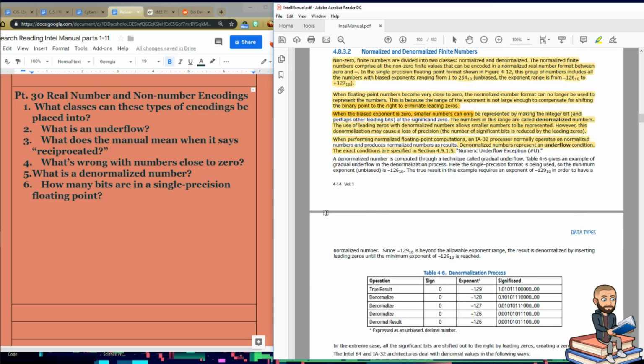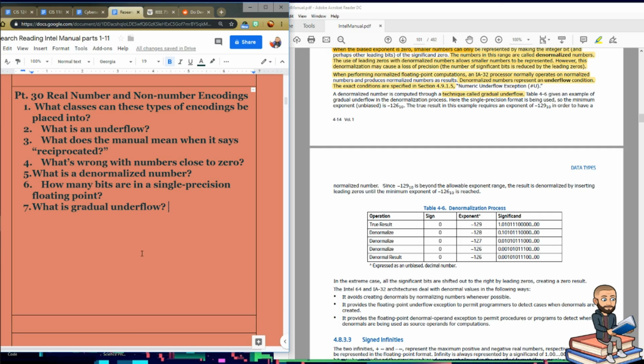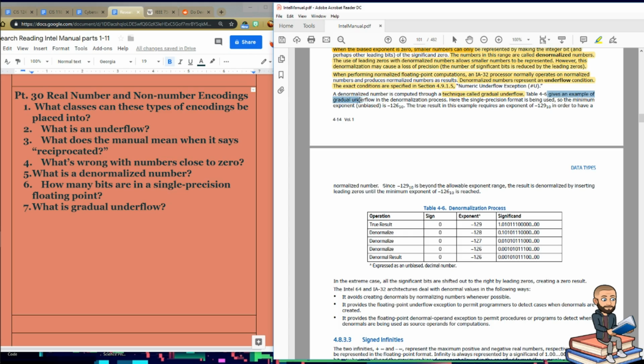But moving on, it says a denormalized number is computed through a technique called gradual underflow. It's a good question, and at this moment, the only thing I know about gradual underflow is that it's a technique used where two numbers after being computed result in a denormalized number. Table 4-6 gives an example of gradual underflow in the denormalization process.